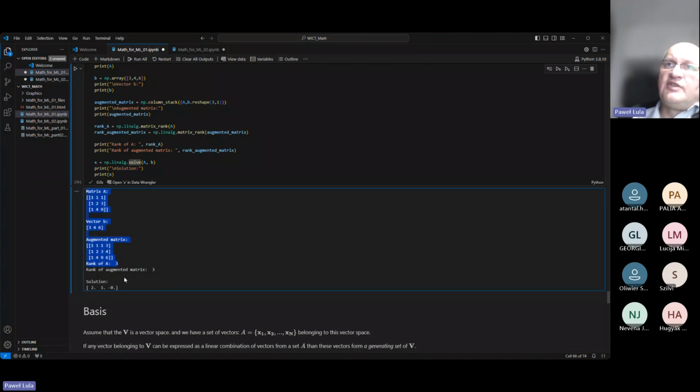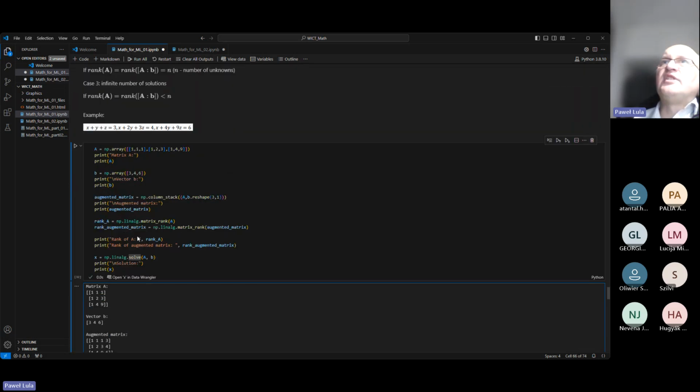Here, for A matrix. For the augmented matrix, for this extended matrix, so A plus this one extra column B, also it is 3. 3 is equal to the number of unknown variables, because here in this system we have x, y, z.